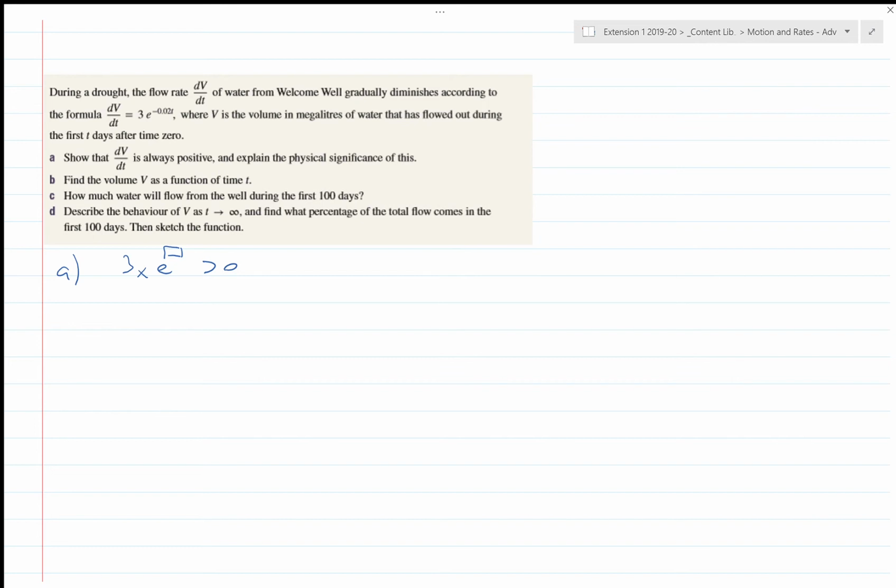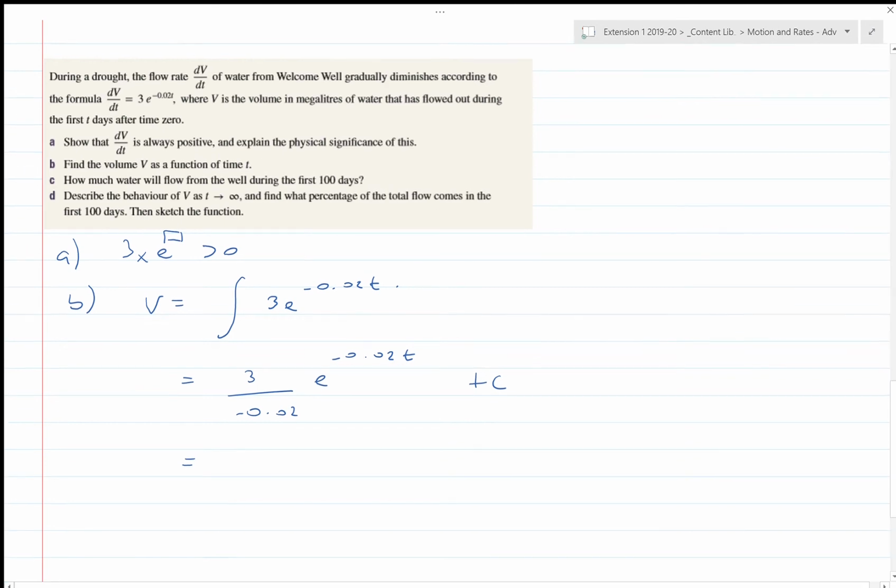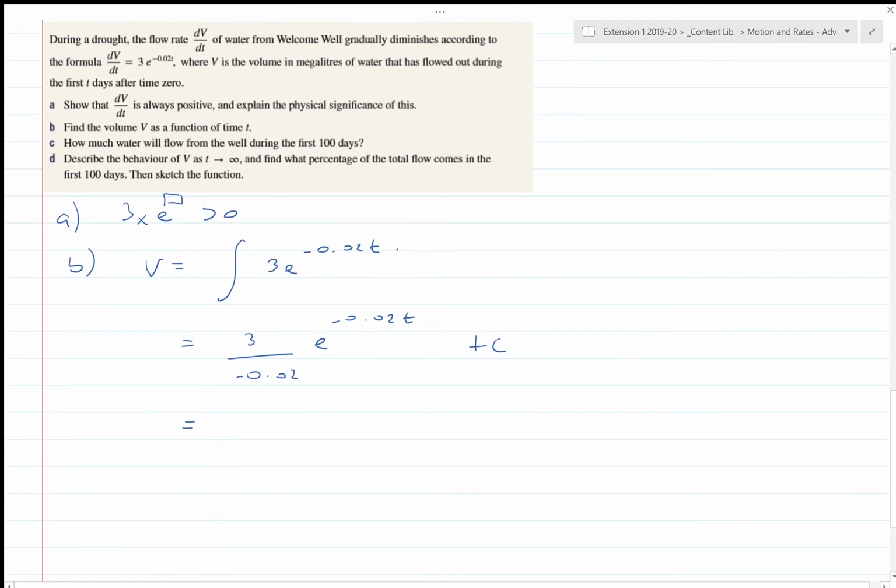Find the volume as a function of time. So the volume is the integral of 3e to the 0.06t. So that is 3 divided by 0.02 e to the t. So that's 2 100ths, that's 1/50th, plus C. So when time equals 0, they don't seem to give me the initial volume.